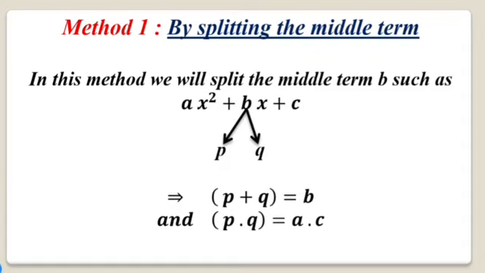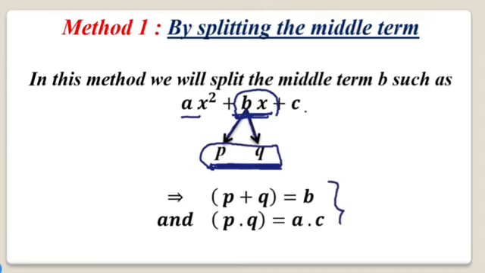We split the middle term by taking two other terms whose sum is equal to b and whose product is equal to the product of a and c. This is the method of splitting the middle term. I hope everyone understood the method clearly.